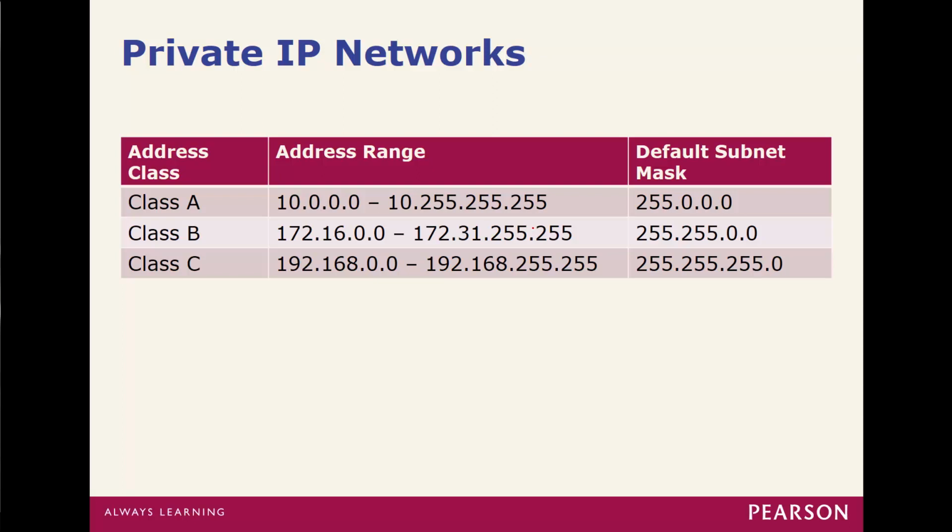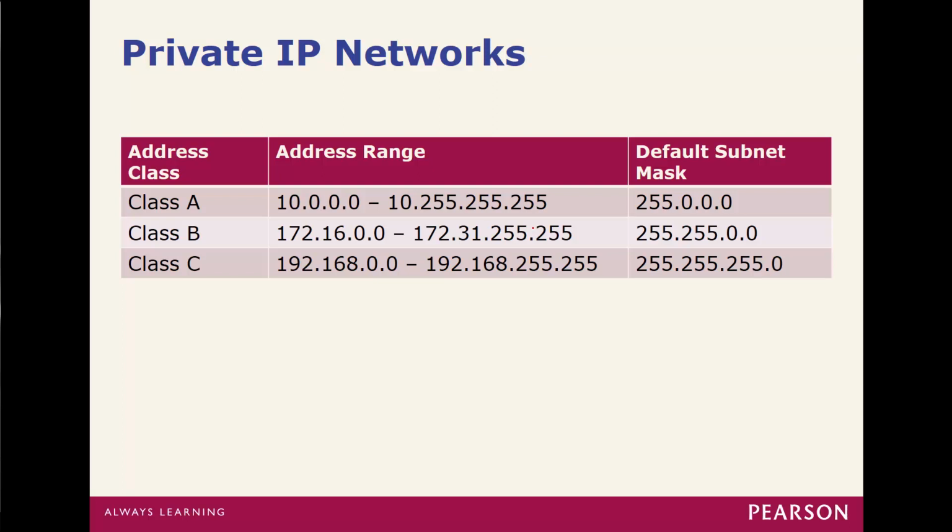For our Class B, anything that starts with 172.16 through 172.31. Our Class C is any network that starts with 192.168 through 192.168.255.255. Those are private addresses. Those are what can be used on private networks like home.